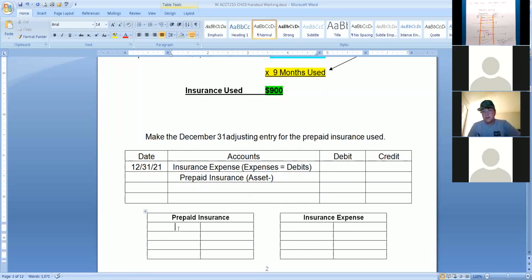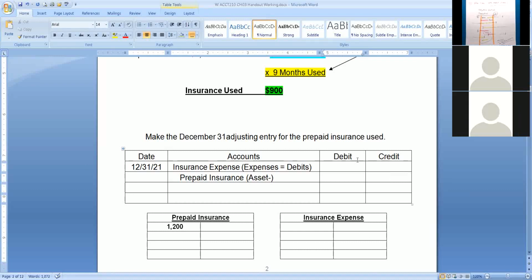Prepaid insurance has a 1,200 balance in there. So what is going to be the dollar amounts that we put in these accounts? How much of that 1,200 did we actually use up? 900. Yep. So 900 of it was used up.